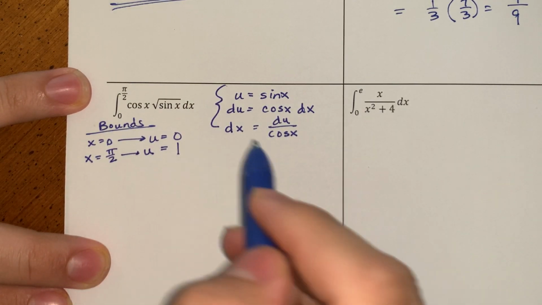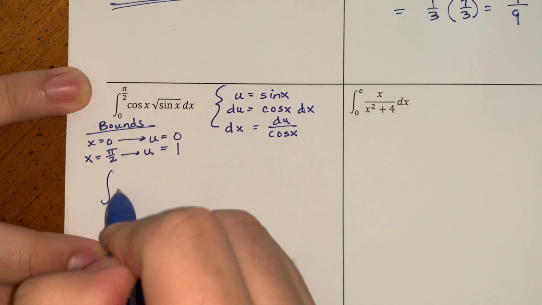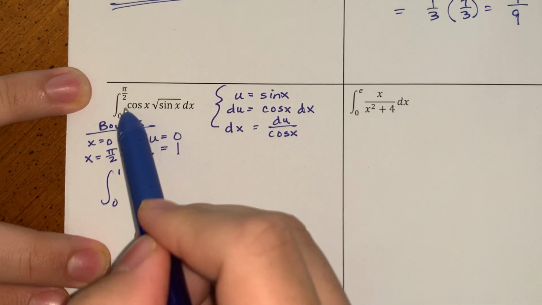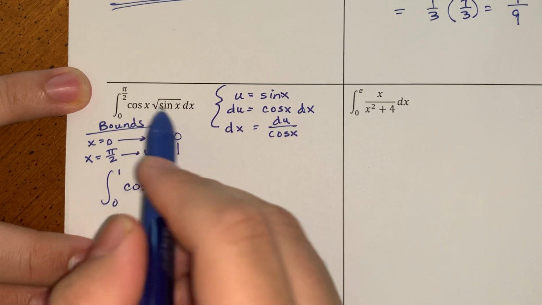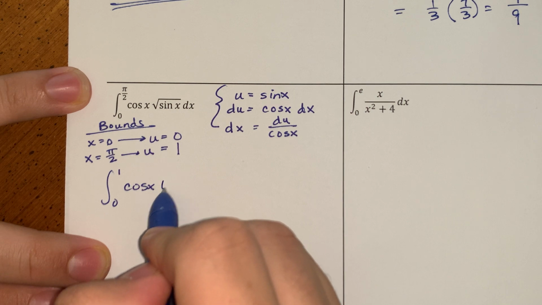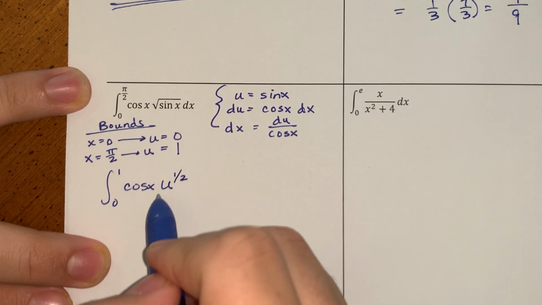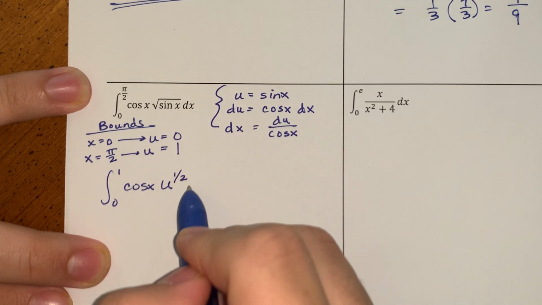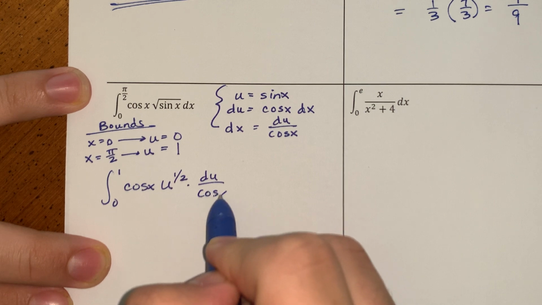All right. So anyways, back to the substitution part. I'm going to have the integral from 0 to 1 of cosine of x, and then square root of sine of x. I'm just going to write that as u to the 1/2 power, instead of saying square root of u, because sine of x is u, times dx, which is now du over cosine of x.